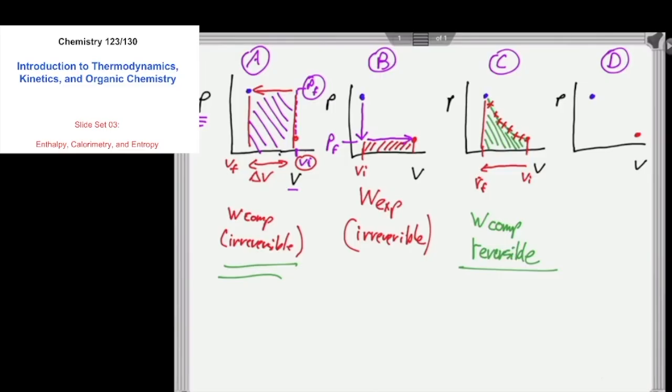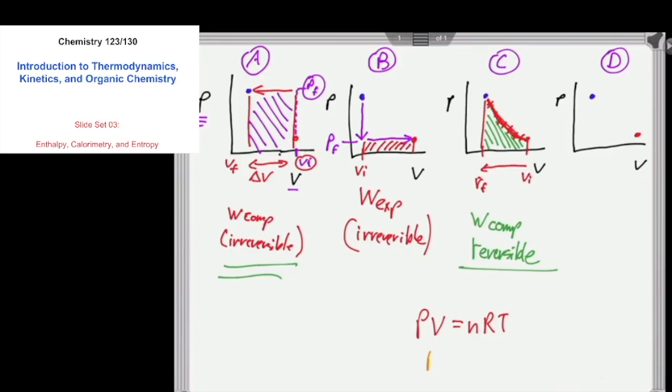The path we define here, this line, can actually be given by a simple equation. Remember, this is our ideal gas law, PV equals nRT. What we're graphing here is how pressure and volume behave with each other.